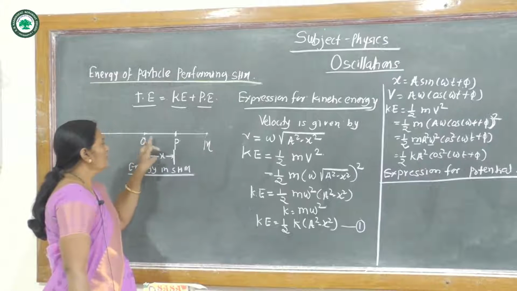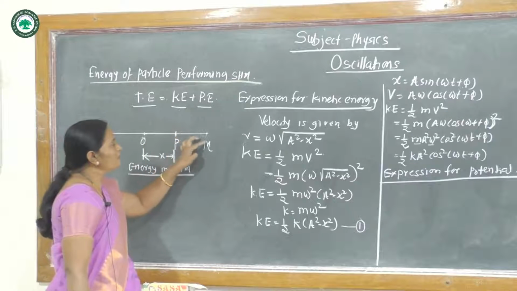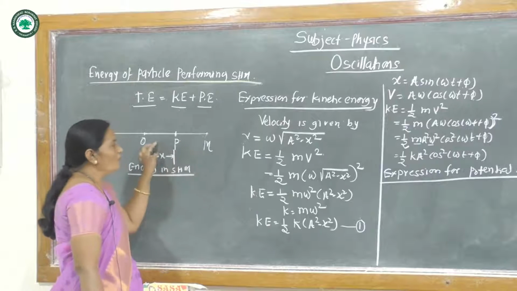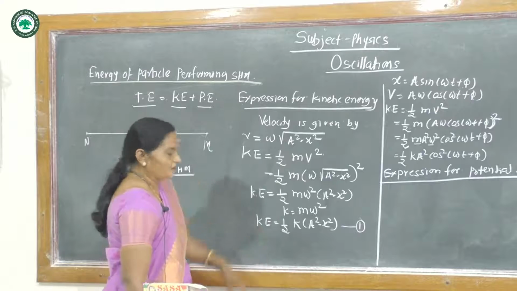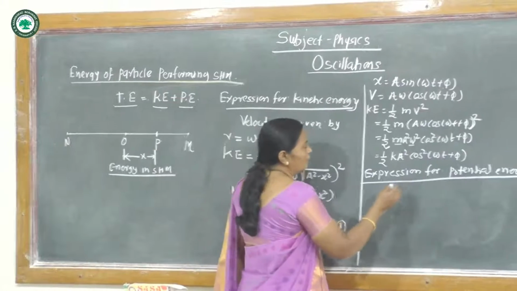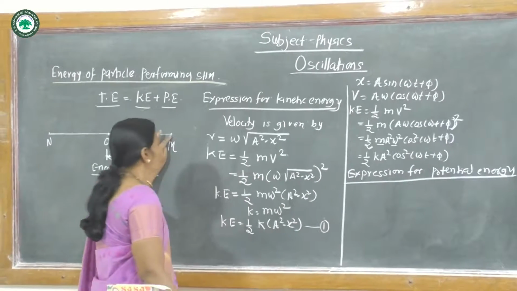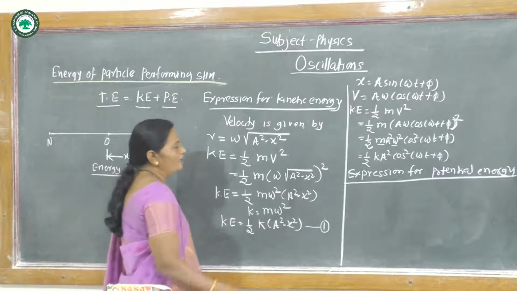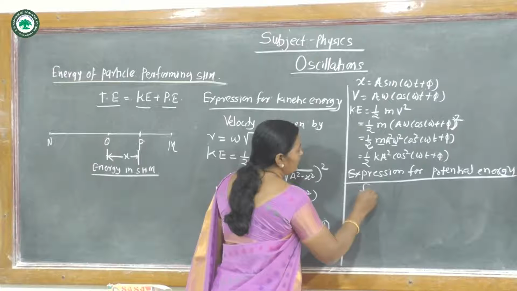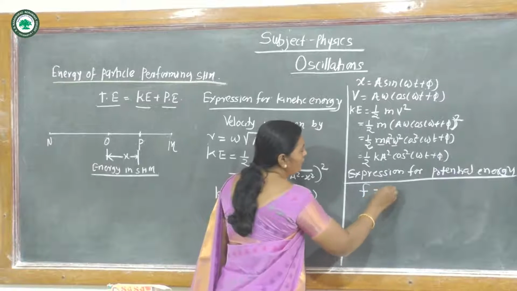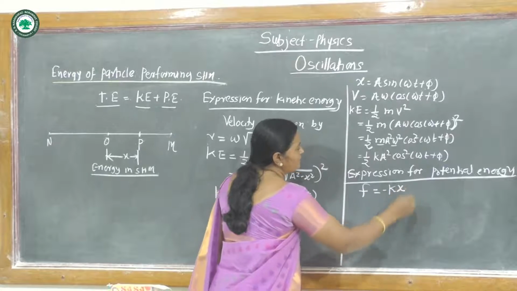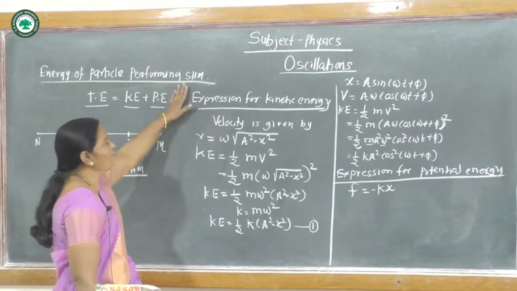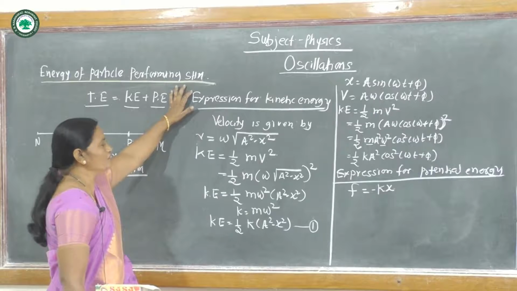Suppose the particle moves toward the extreme position, there is work done for this particle, and we know the restoring force acting on the particle is given by F is equal to minus kx. That is the condition for simple harmonic motion.